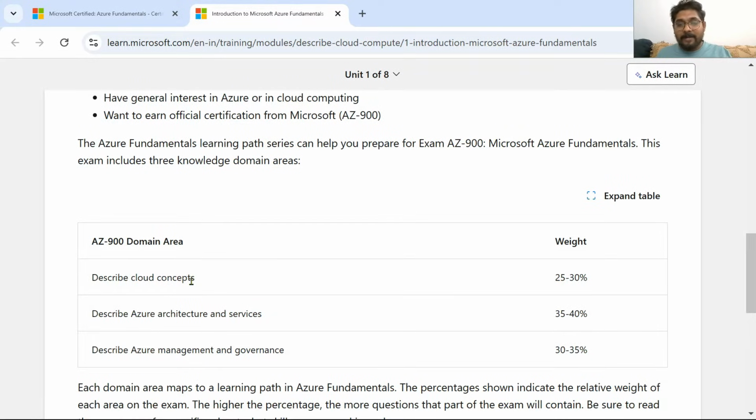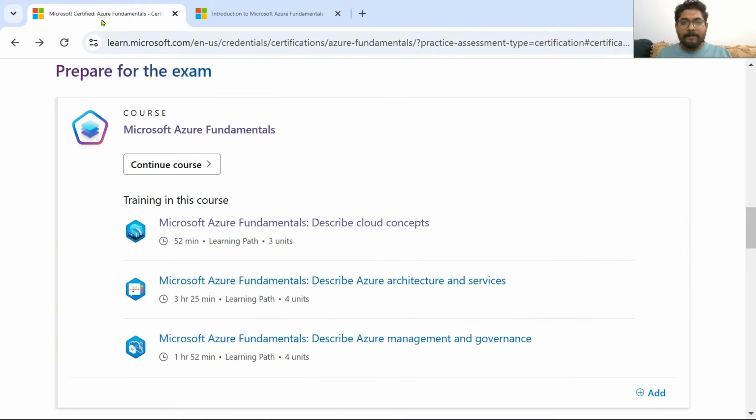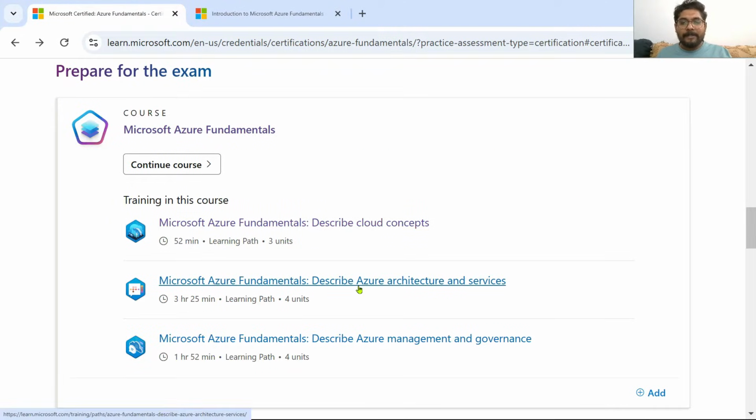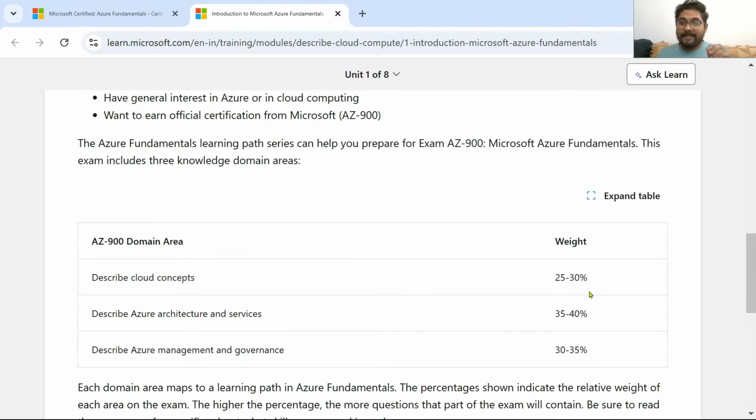Now let's understand from these three topics that you have seen on this page. Describe cloud concepts: you will get somewhere around 25 to 30% of your questions from the very first topic. The second topic, describe Azure architecture and services, would have the highest number of questions.